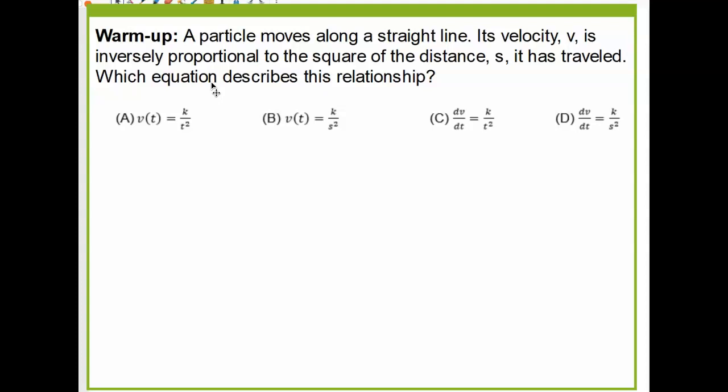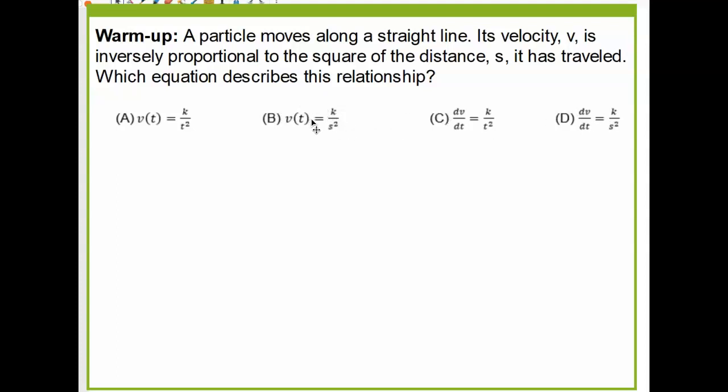Which describes this equation? Well, immediately I can get rid of letter C. There's no S. I can also get rid of letter A. There's no S. And then we're talking about velocity. So it doesn't mention dt, but we're talking about velocity in terms of time.